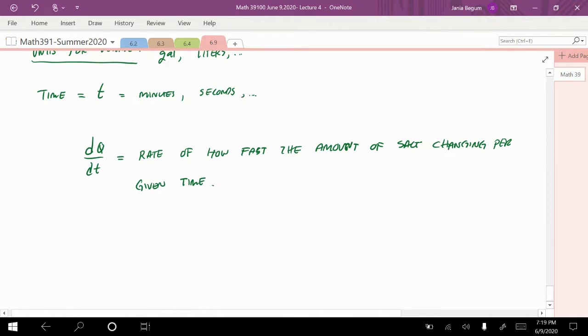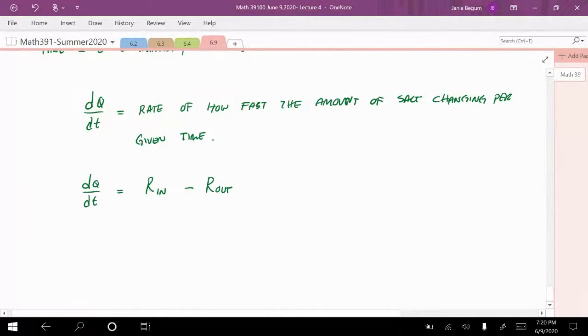Well, how do we measure this change? Well, it's definitely going to depend on how much is coming in and how much is coming out, right? So we're going to say, okay, dQ/dt is going to depend on big R coming in and big R coming out. So now, how do we measure rate coming in? Well, it's going to be measured by how much water is coming in and how much concentration is coming along, right? And then same thing as how much is going out and how much concentration is going out.